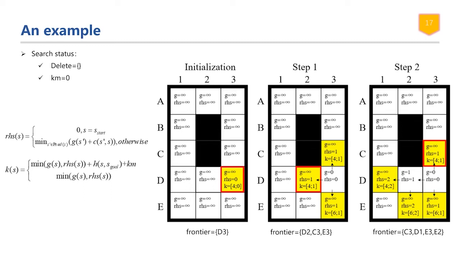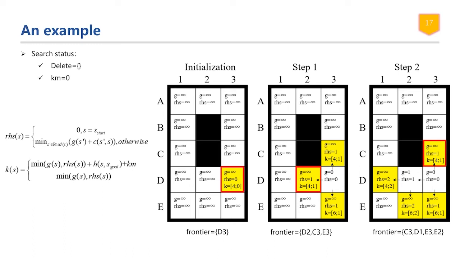The arrow between the vertices indicates that the parent vertex points to the child vertex, and every vertex has a G value in the upper left corner of the grid, an RHS value in the upper right corner of the grid, and a key value below in the grid if it exists.